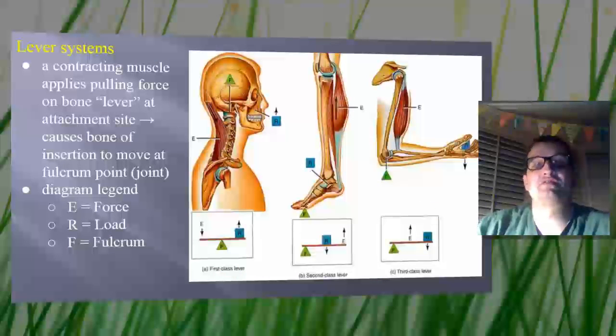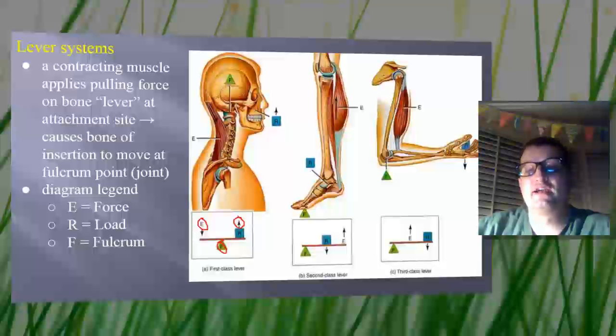This shows the lever system here quite nicely. E is the force of contraction, R equals the load, and F is the fulcrum. A first class lever has the fulcrum in between the load and the force.